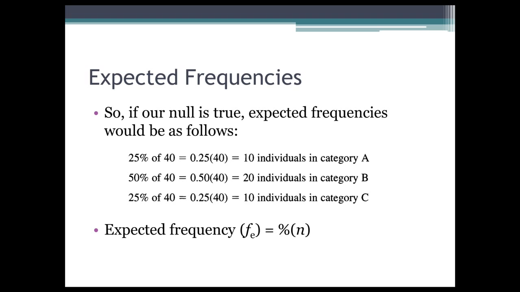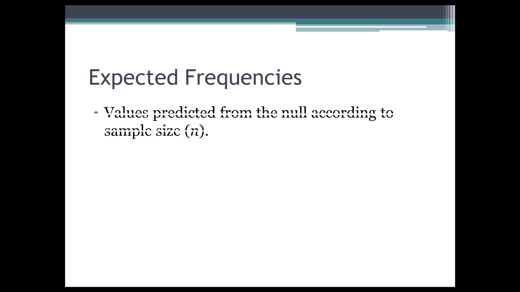So basically the expected frequency, or F sub E, is the percent multiplied by N for the chi-square goodness of fit test. These are values predicted from the null according to the sample size. So if you had 40 in the observed, then you'd multiply 40 by the percent.